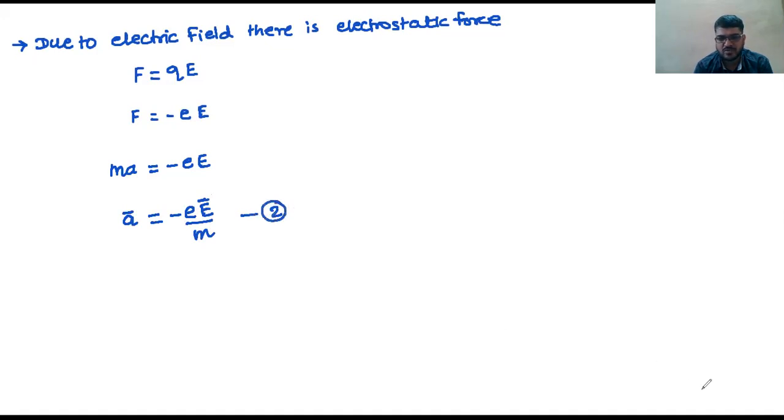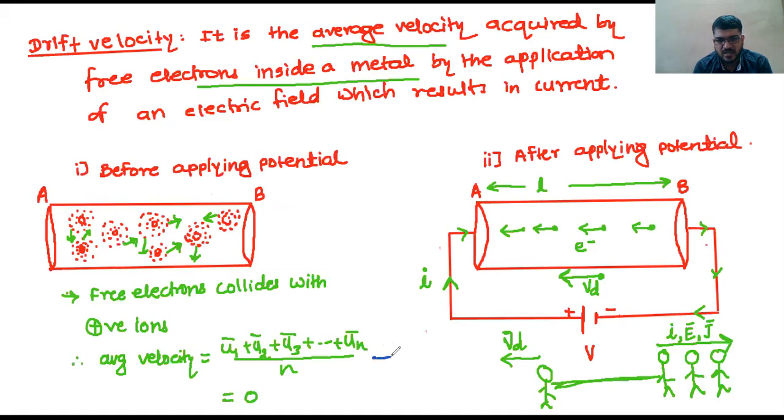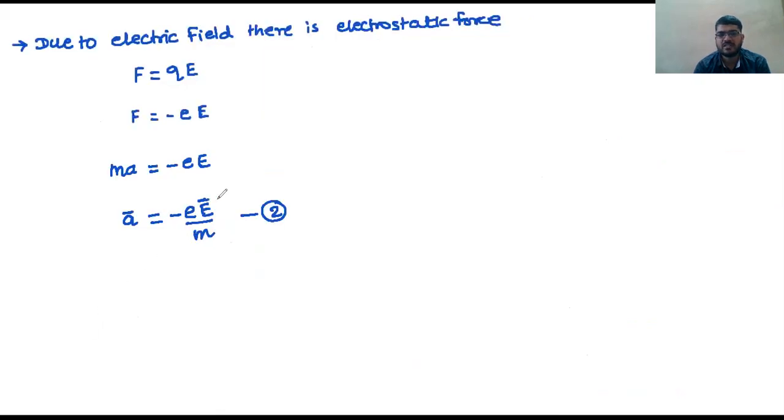And the previous one, the average velocity, you can call equation number 1. And this one is your equation number 2, that is a bar is equal to minus eE bar by m.